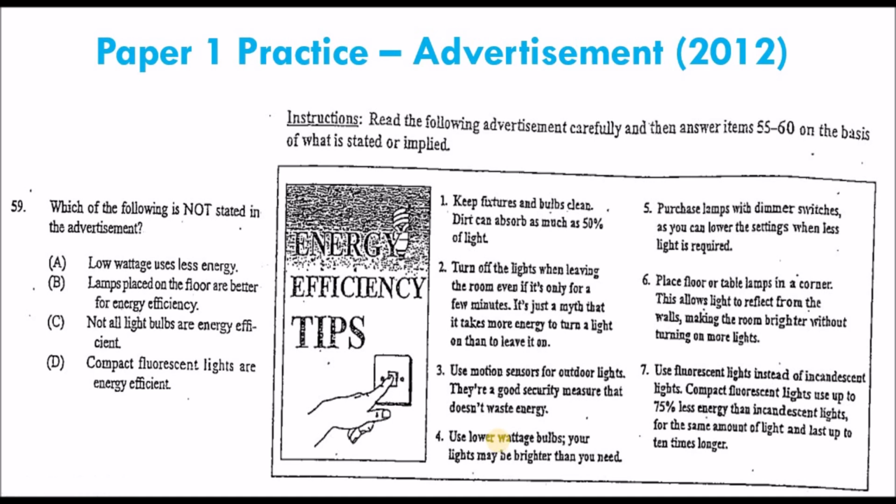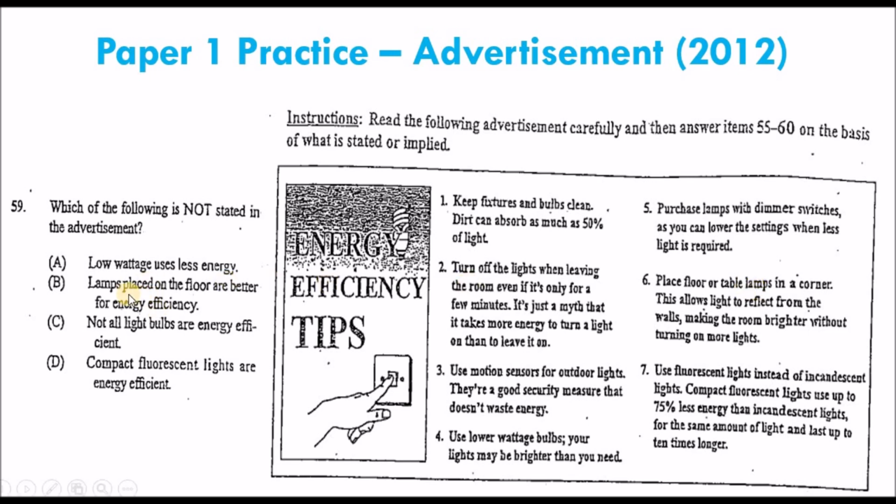Your light may be brighter than you need. If they're telling us to use low wattage bulbs, we can assume that low wattage uses less energy, right? But if we look at B, lamps placed on the floor are better for energy efficiency. Where did we see mention of lamps? In tip number 6, it says place floor or table lamps in a corner.